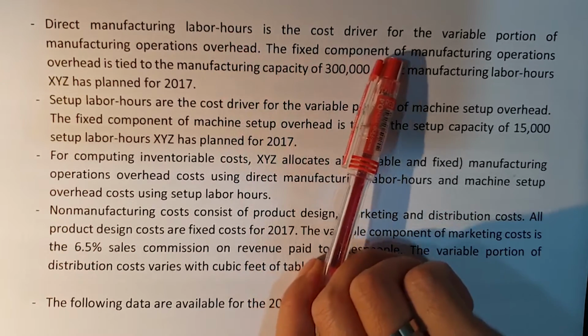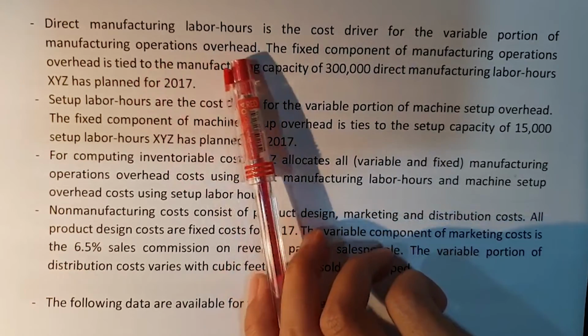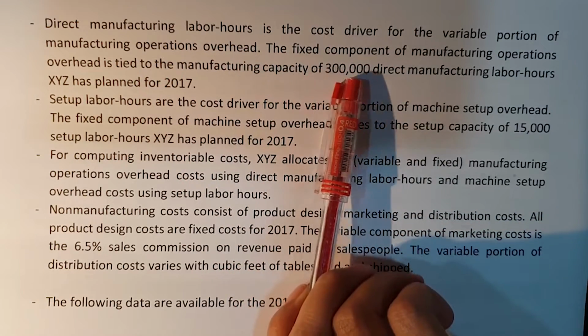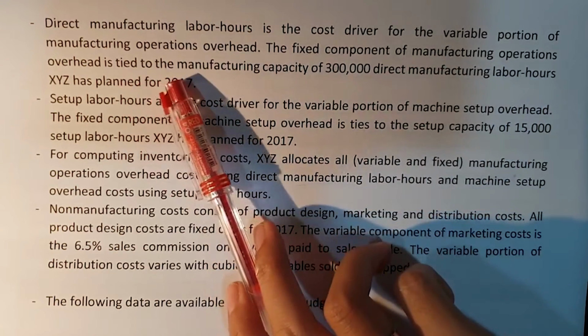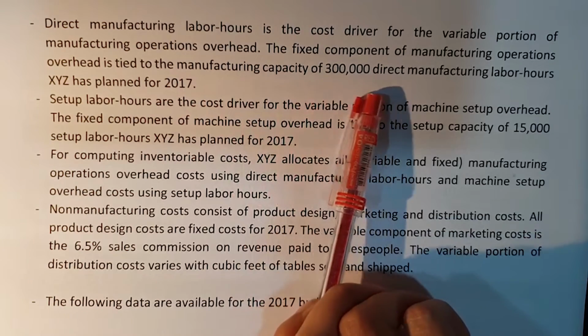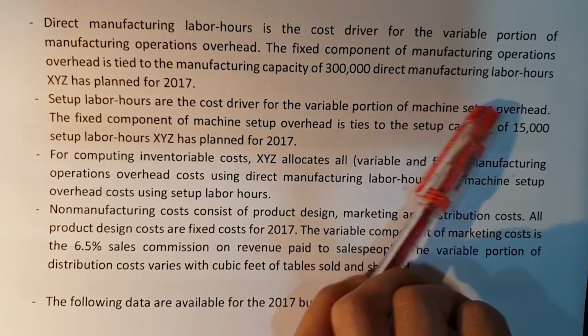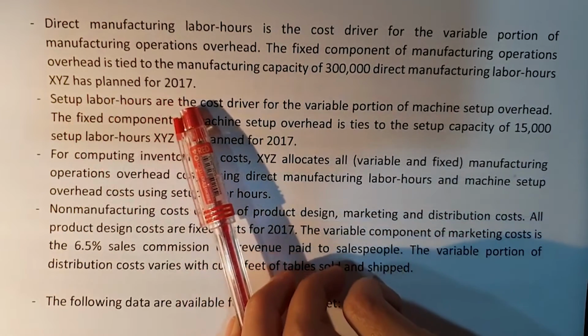It's the cost driver for the variable portion of manufacturing operations overhead. The fixed component of manufacturing operations overhead is tied to the manufacturing capacity of 300,000 direct manufacturing labor hours that XYZ has planned for 2017.